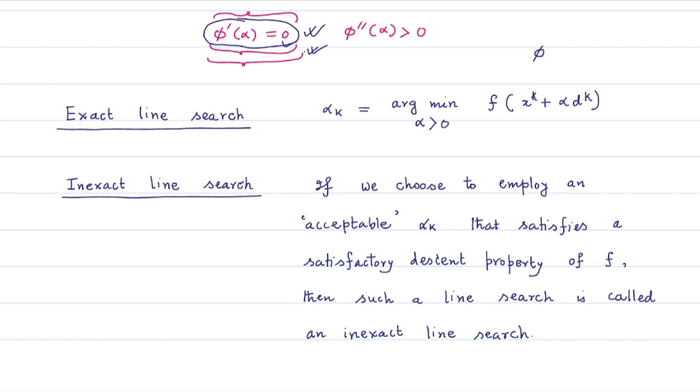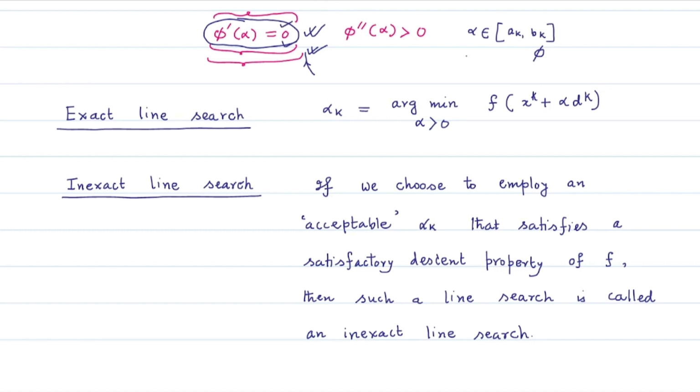To identify a solution for this nonlinear equation, we can employ the root finding methods for a function of one variable. Apart from these root finding methods, we also can devise certain algorithms to identify a small interval of alpha values, say ak to bk, that includes a solution of this equation.